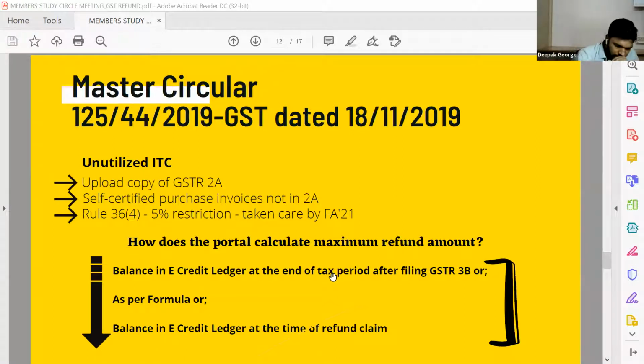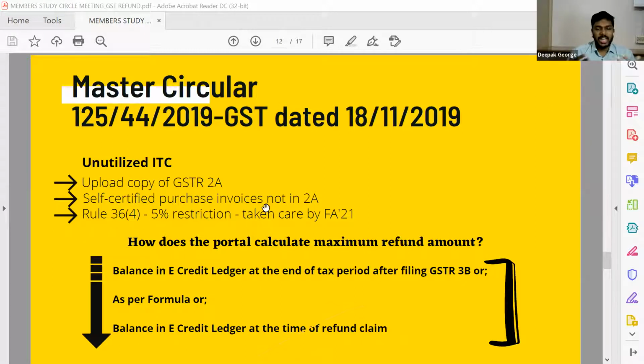So the master circular says that if you want to get your unutilized ITC refund, you need to upload a copy of GSTR 2A. Now, GSTR 2A is available online, but it comes in the form of a PDF or a JSON. It is not one table that you can view. You have to download it every single month, so 12 months you have to download, combine, and then upload.